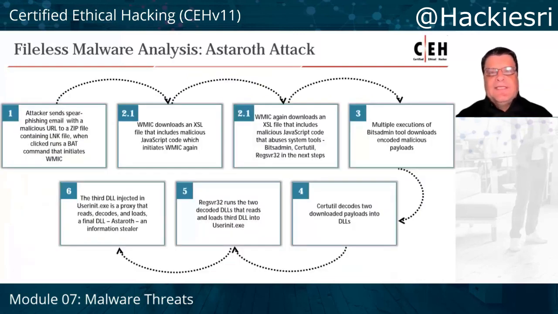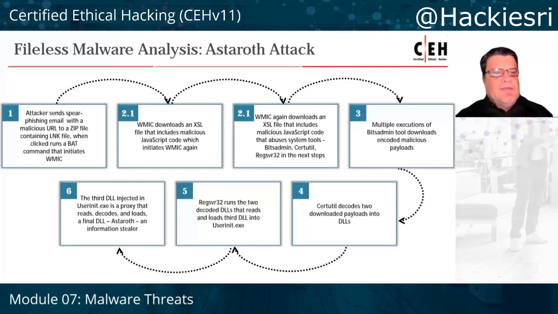Fileless malware analysis: Astaroth attack. In an Astaroth attack, the following takes place. First, the attacker sends a spear phishing email with a malicious URL to a zip file containing a link file, an LNK file. When clicked, it runs a bad command that initiates the WMIC.